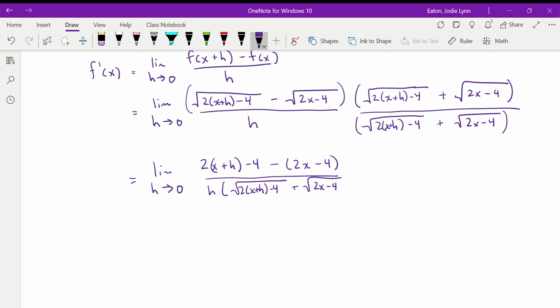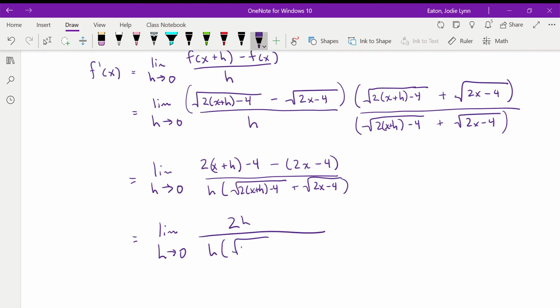We have 2x plus 2h minus 4. So the 2x minus 4 minus 2x minus 4 is going to go away. So all we're going to be left with in the numerator is 2h. So this is the limit as h approaches 0 of 2h over all this beautiful, beautiful stuff.